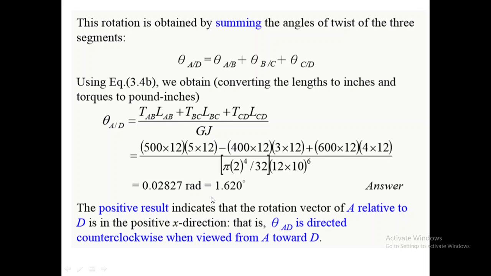Since it is positive here, the shaft is rotating in the positive x direction, and it is anti-clockwise. Theta AD is directed anti-clockwise, so the shaft is rotating in the anti-clockwise direction when you see from the A side.